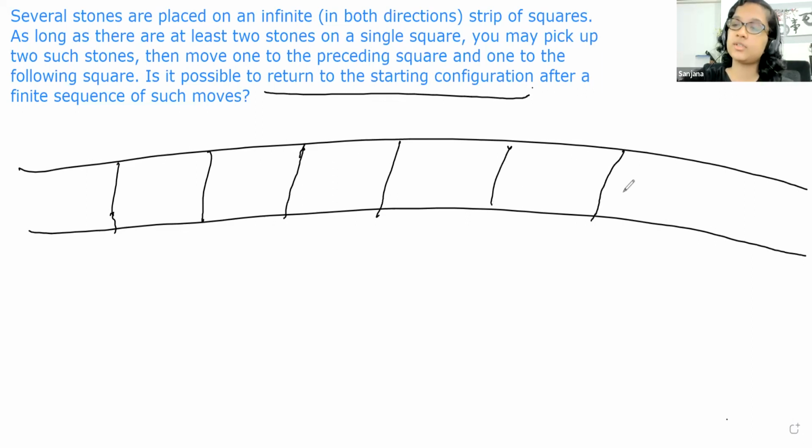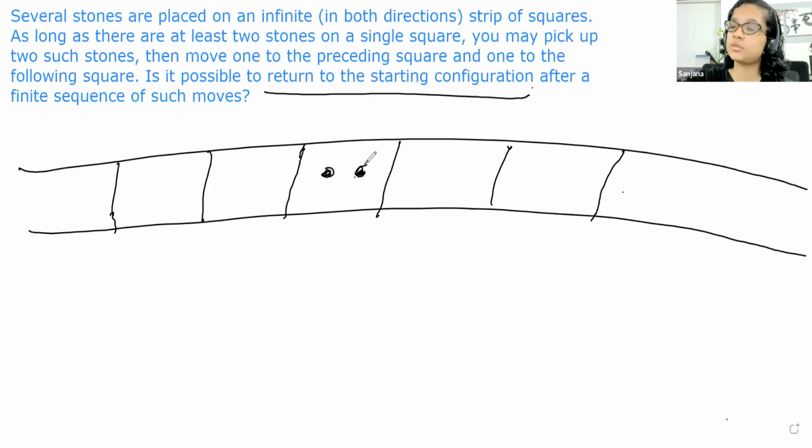Suppose this is your strip of squares and you have your stones. Since there's nothing numerical in this, a thing you can do is assign weights to things. That's a common idea in invariant problems. You can either assign weights to the squares or to the stones.